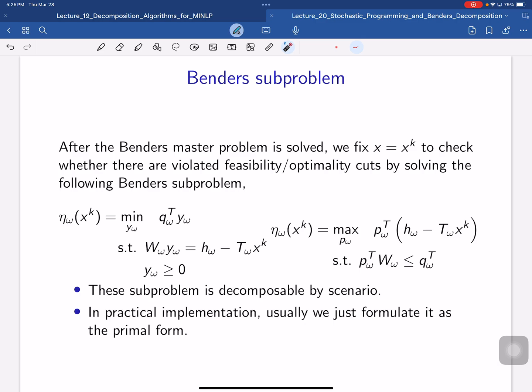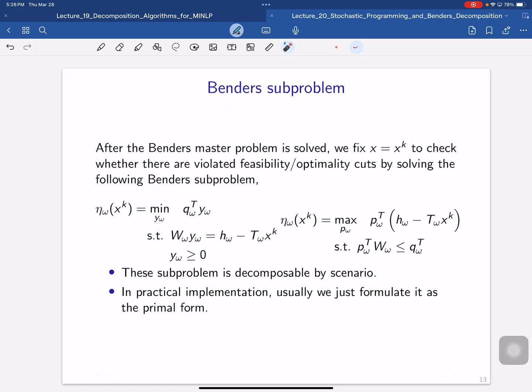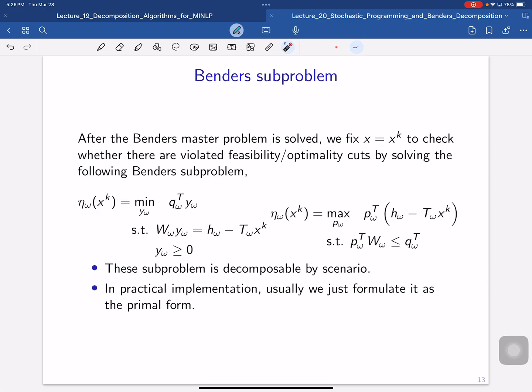If you fix x equal to x^k, you can solve the minimization problem in the second stage. Of course, it's equivalent to the dual problem. If you are implementing Benders decomposition, you can just implement it as a primal problem, and then you can get the dual from Pyomo. Once you solve the subproblem, there are two cases that can occur.